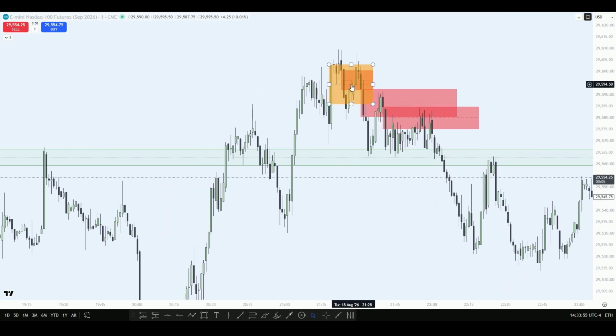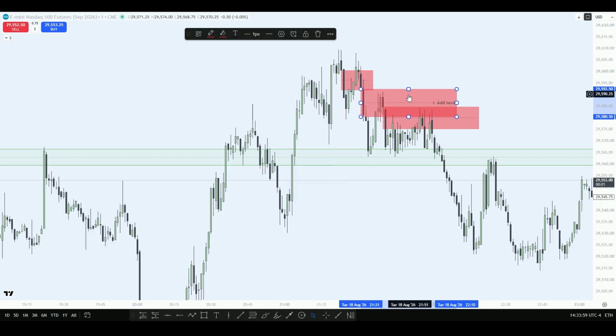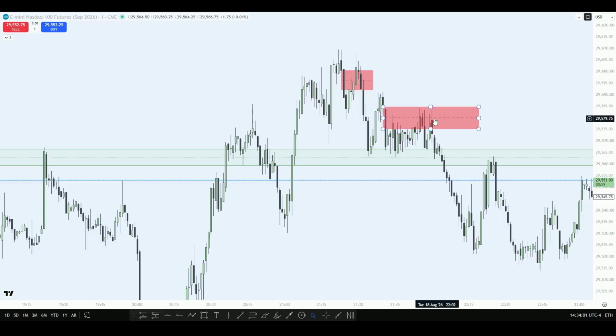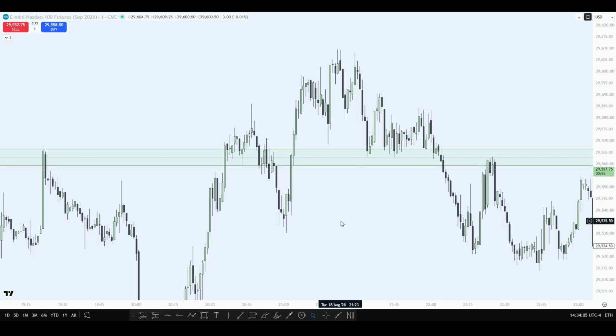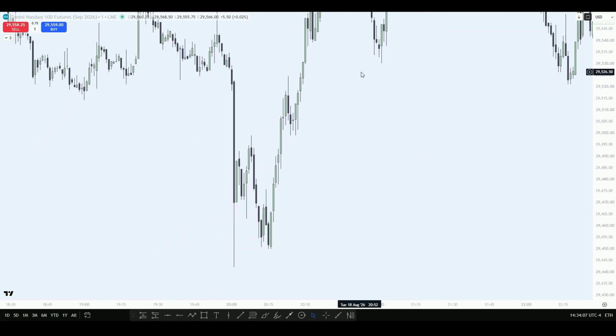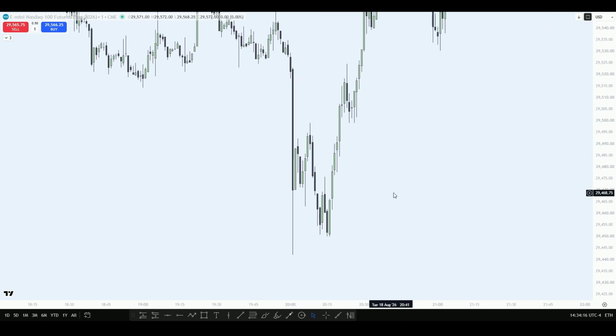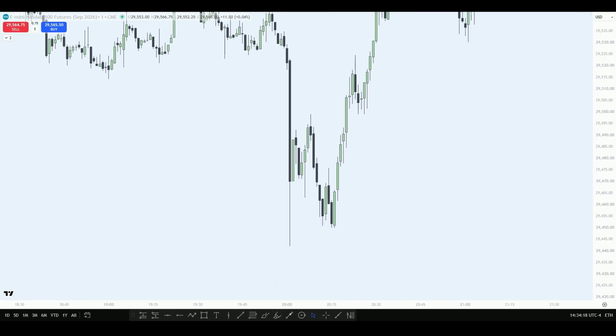Okay, so I want you to really pay attention to this specific model and this specific way of price reversing, because that's one of the easiest reversals to spot. Okay, take this piece of price action here again.